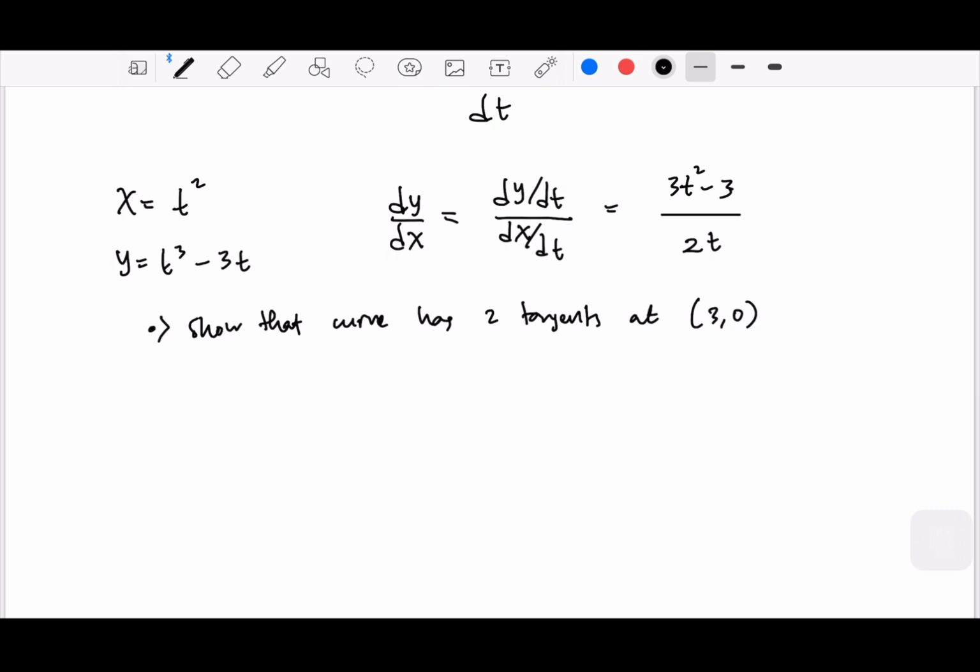We look on the x and y. If we plug in 3 and 0, we need to find the variable t. So variable t at x equal 3, then t squared is 3, so we have t equal square root of 3 and t equal negative square root of 3.